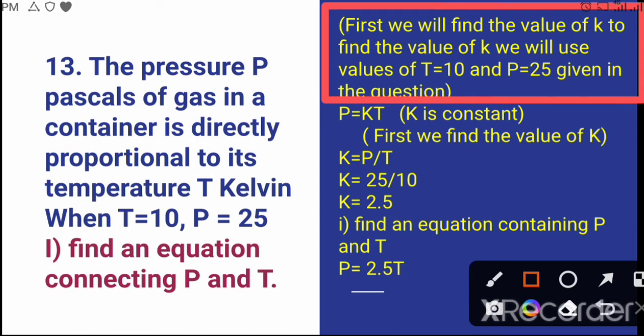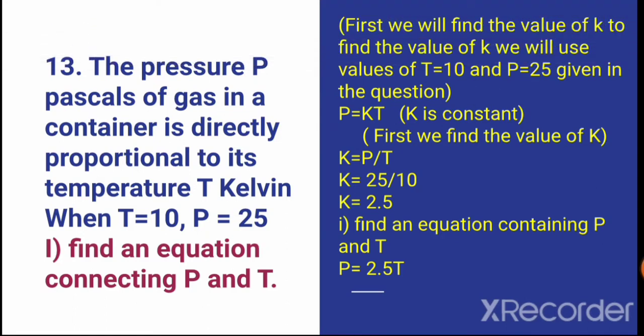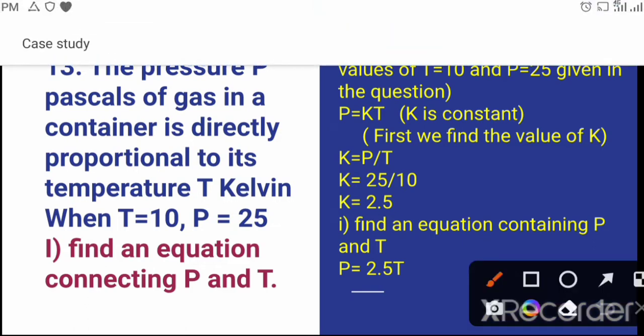We will use the values of temperature T and pressure P, and find the value of K, the constant. We take the equation: pressure is directly proportional to temperature. So the equation will be P is equal to KT, where K is the constant.